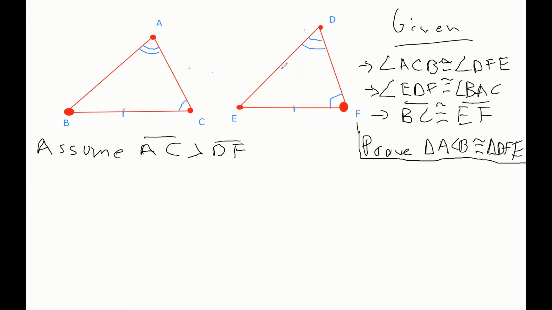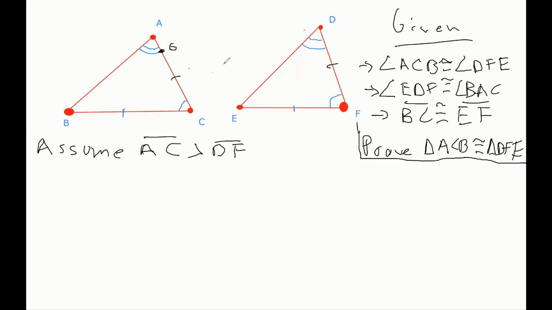From proposition 3 from book 1 from Euclid, if we have two line segments that are different lengths, we can pick a point on the larger line segment such that the distance between this point here, C, and this point up here, which I'm going to call G, is congruent to this side over here.